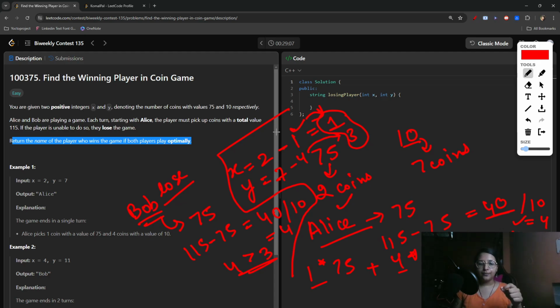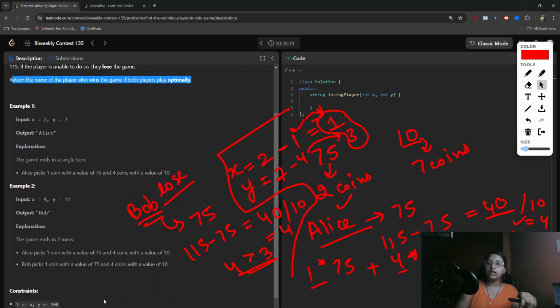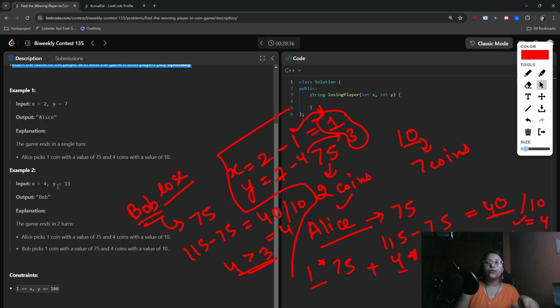If on the next turn the other player is not able to get that 115, the way Bob was not able to, then Bob loses and Alice wins. That is what we are required to do in this question and return as per that scenario. This was the first example, fine. Now in the second example, x equals 4, y equals 11, and the answer is Bob.